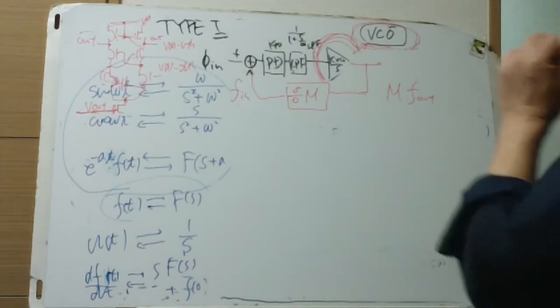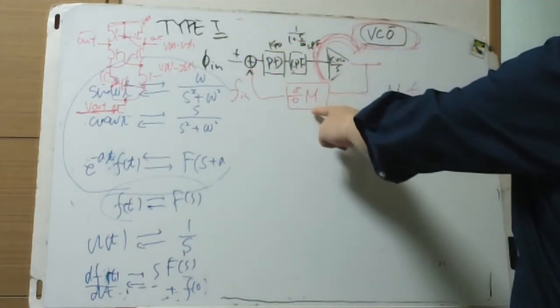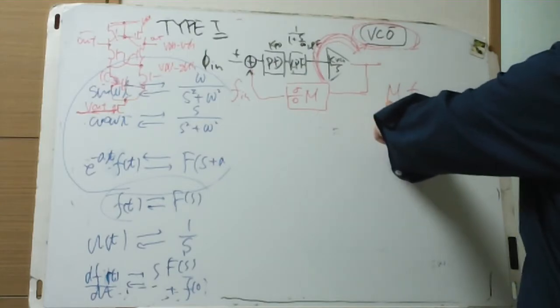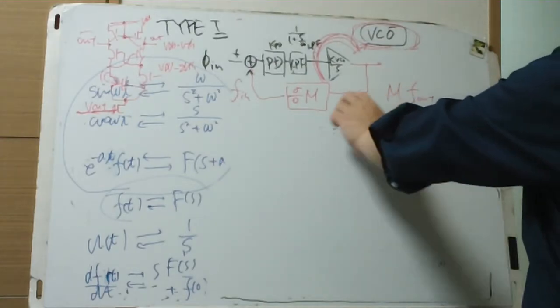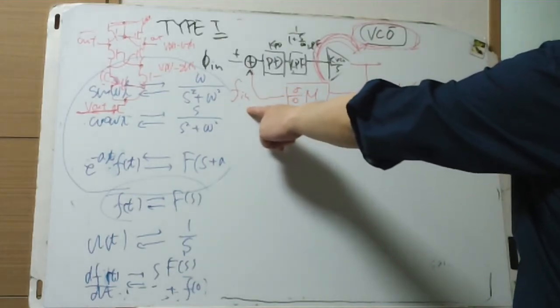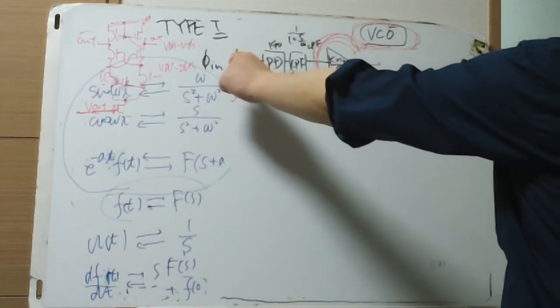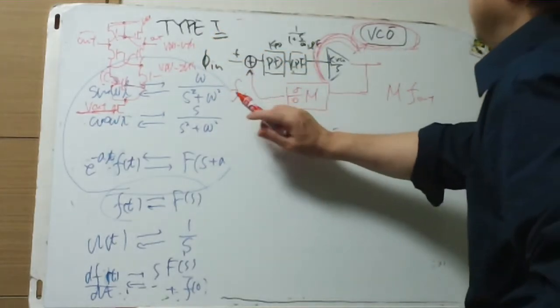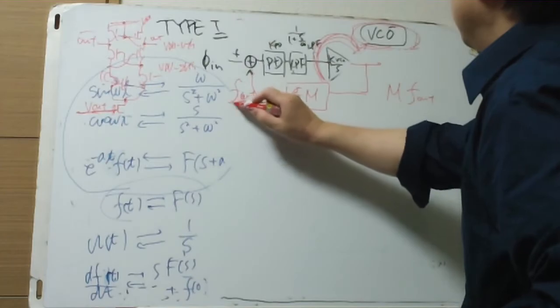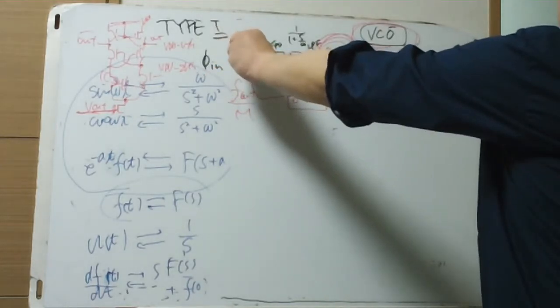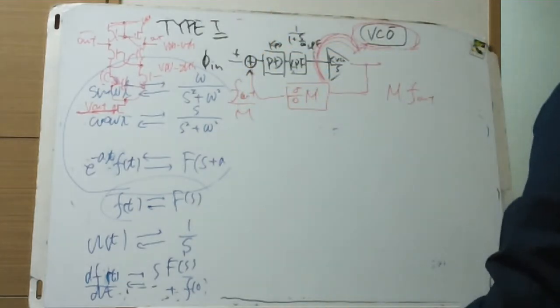Because if this is F in, and this is F out divided by M, then F out over M and F in are equalized, synchronized, and locked.